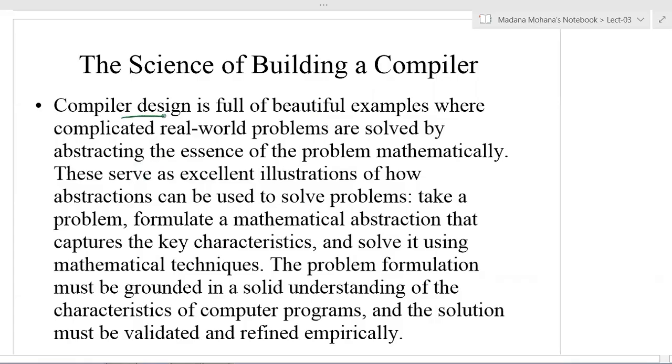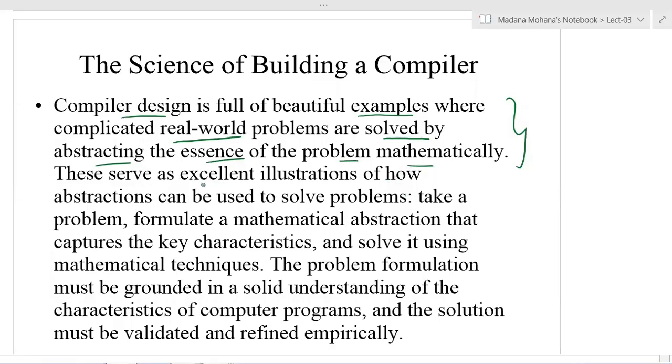Compiler design is full of beautiful examples where complicated real-world problems are solved by abstracting the essence of the problem mathematically. So that's the importance of compiler design, which has many good examples where we can solve complicated real-world problems by abstracting the essence of the problem mathematically.